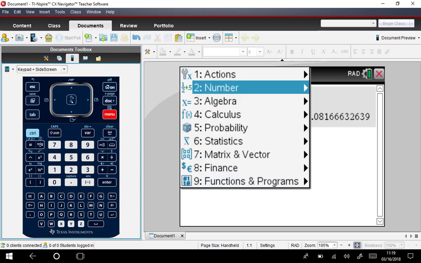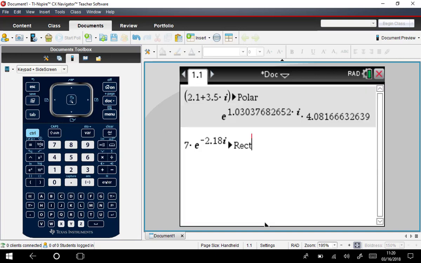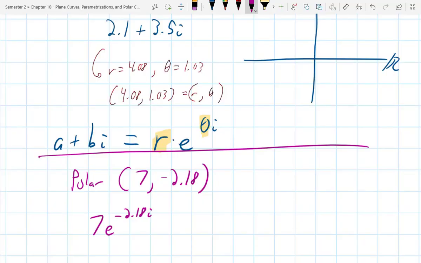Menu. Number. 2, 9. Step to convert to rectangular. And it's going to give you an a plus bi number. Negative 4.0, negative 5.7. I'm going to go one more just to be consistent.